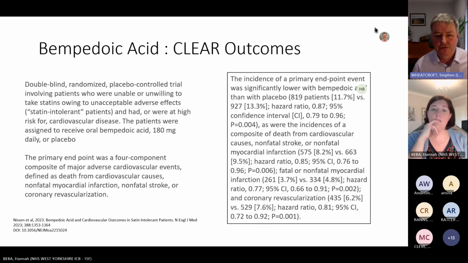This was a randomized controlled trial in patients with CVD or high risk of CVD, and it looked at the composite outcome of major cardiovascular events, which was defined as death from cardiovascular causes, non-fatal myocardial infarction, non-fatal stroke, or coronary revascularization procedures. And you can see over on the right there that it showed superiority with a hazard ratio of 0.87 and a significant reduction in major adverse cardiovascular events. So we know that it's effective and it works, and it's certainly something to consider in patients who cannot tolerate statins. Next slide, Hannah.